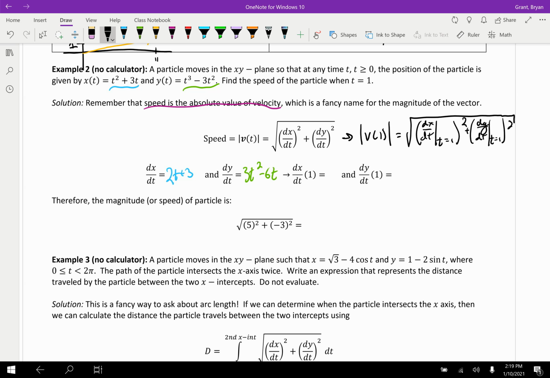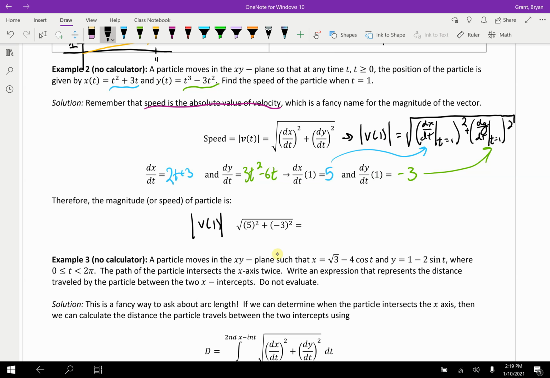So this is a number being squared and a number being squared, so we should probably find those values. dx/dt evaluated at 1, 2 plus 3 I think gives us 5 there, very exciting. And at 1 here, 3 minus 6 is negative 3. Cool. So I think that gives us this guy down here, right? We're just substituting each of these values into our equation, and the rest is very easy.